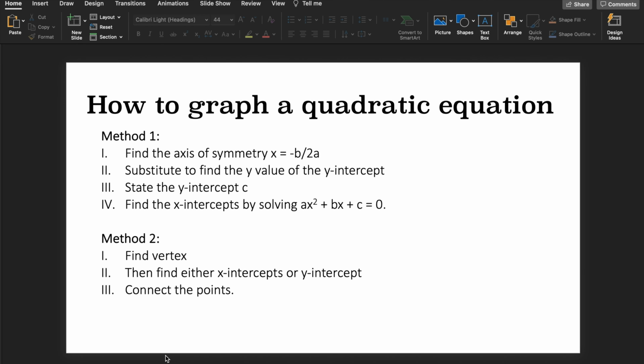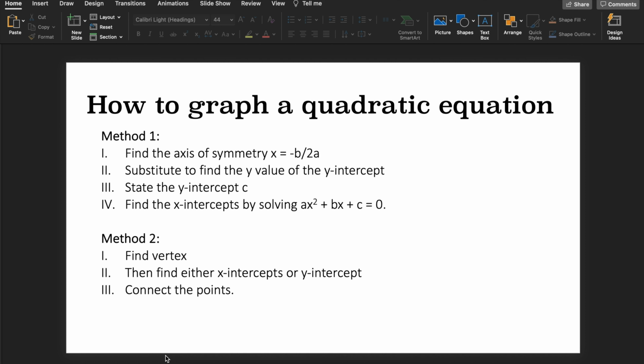Let's move on to the next topic. The next topic is how to graph a quadratic equation. There is not really an exact method for it. You'll just have to find two important things of a graph, and then you'll have to sketch. For instance, you could find the axis of symmetry by using x equals minus b by 2a.